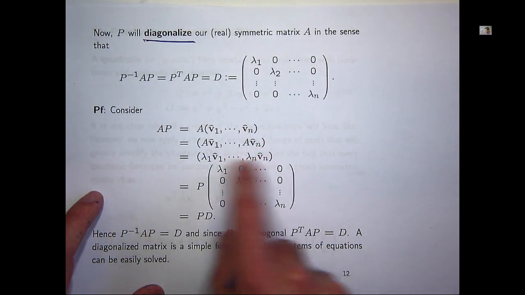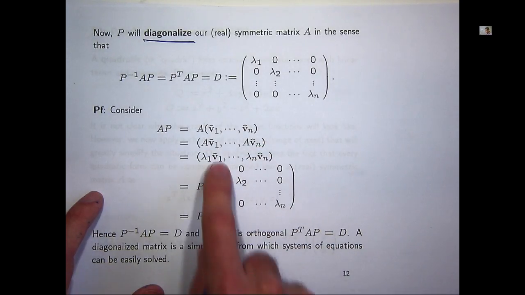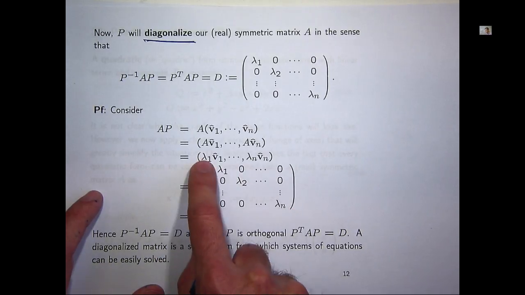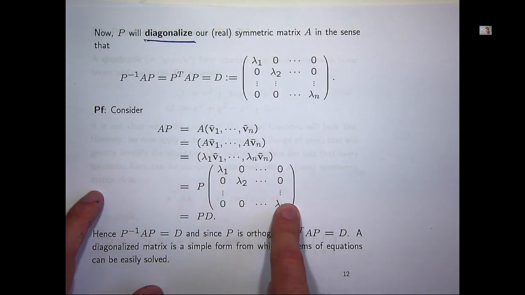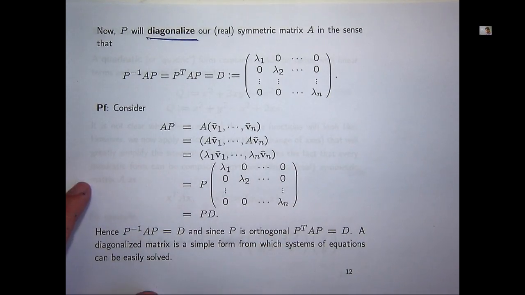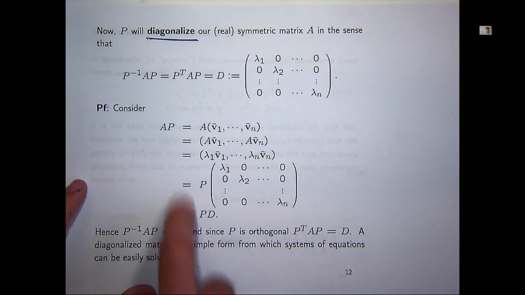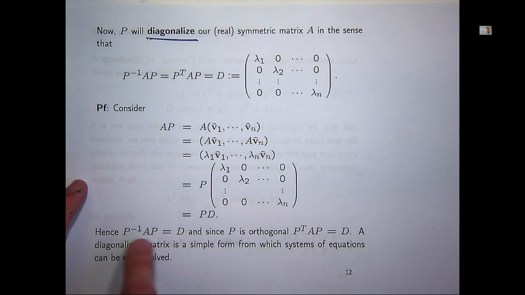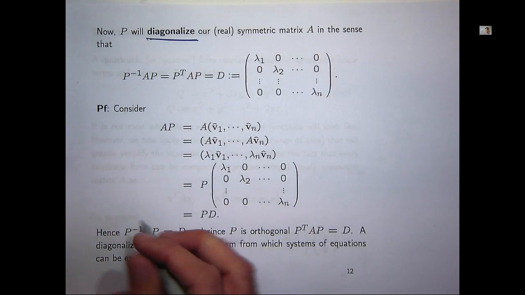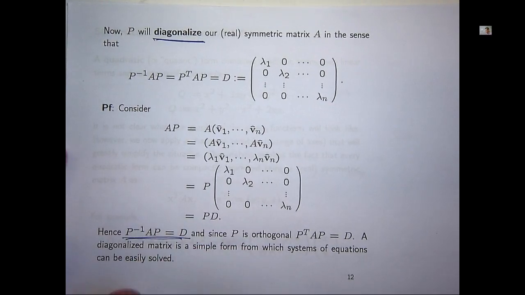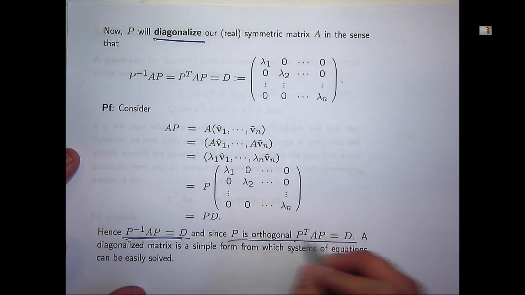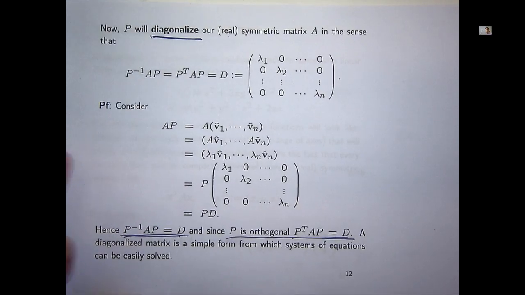So what I can do now is decompose that back to P times some diagonal matrix with the lambda 1, lambda 2 down the diagonal. So this is just P times the diagonal matrix. If I take the inverse P of both sides, I'll get this: P inverse AP equals the diagonal. Okay, and since P is orthogonal, P inverse is just P transpose.